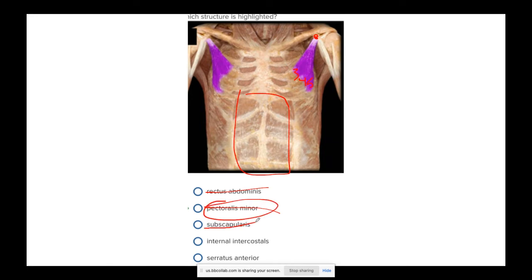It can't be subscapularis because that's on the scapula. It can't be the internal intercostals. Those are rib muscles. Those are going to be the short ones here. It can't be serratus anterior because that's going from the scapula around to the ribs. So going from ribs 3, 4, and 5 to the coracoid process, that will be the pec minor.